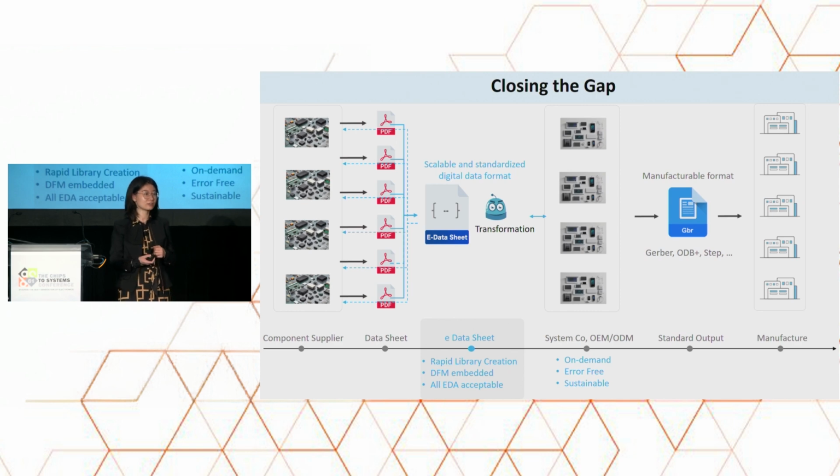It also allows us to embed design for manufacturing guidelines in the library files. In addition, it will help us convert the library file to all the EDA formats very easily. This is also a sustainable solution because we're no longer relying on manual work to create component libraries. So in the long run, it will save time and money.